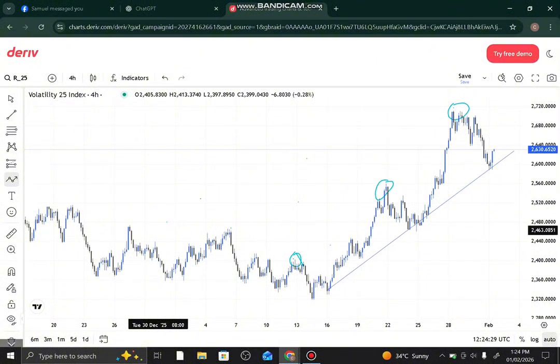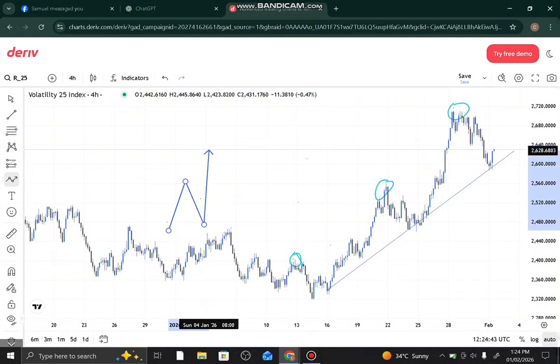If you really want to be successful in this trading industry, you must learn how to mark out your structures correctly. All right, this is our high, our low. Then we have a higher high in an upward trend direction, and we have a higher low.